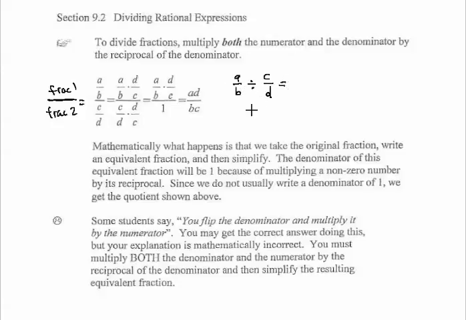And when dividing fractions, what we do is we switch to multiplication. And we take the reciprocal of the second fraction, and we do all of this in one step. In other words, we flip the fraction. That's what reciprocal means.